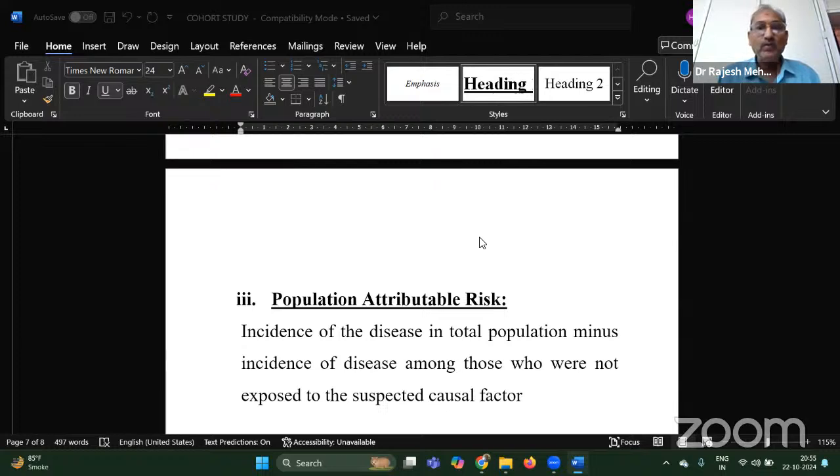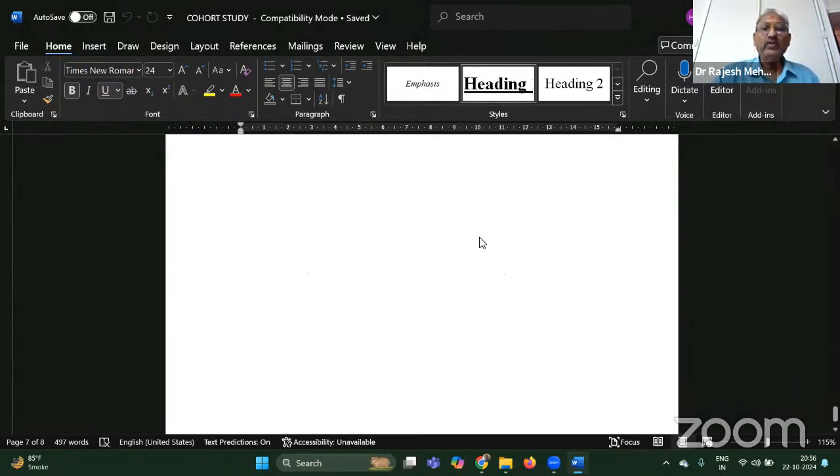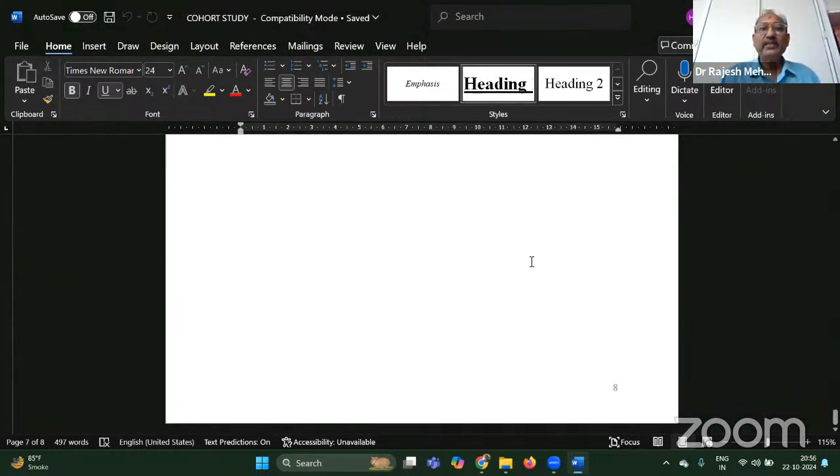So you need to understand the relative risk, odds ratio, and attributable risk, in a case control study. Next time, we'll give 10-15 minutes on randomized control trial, and the further data analysis will be there, and also some of the research designs and more sampling techniques.